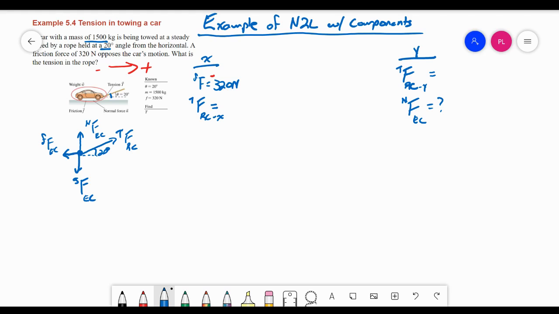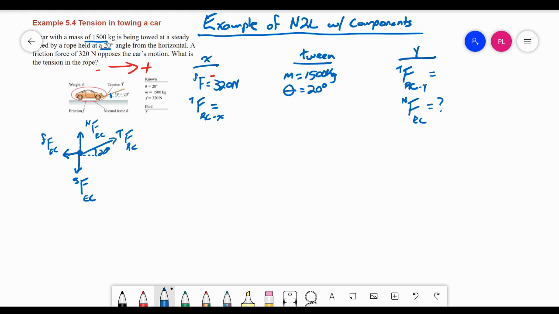We don't know what that is right now. And then, we have our set of x direction stuff, our set of y direction stuff, then we have some tweeners, some things that are just universally true, neither x nor y. We know that the mass is 1,500 kilograms. We know that the angle is 20 degrees.